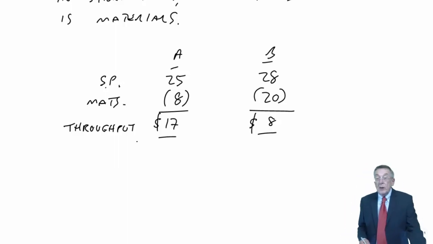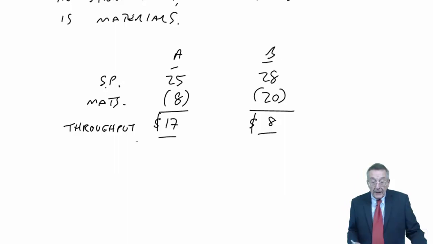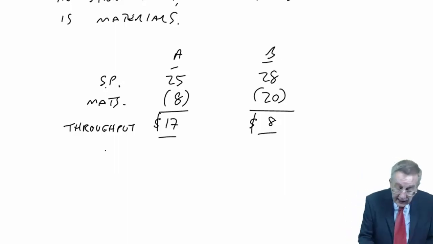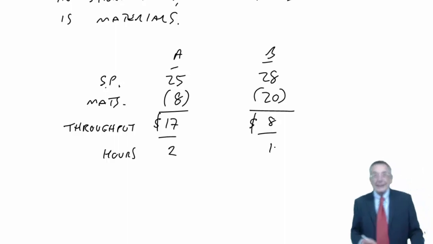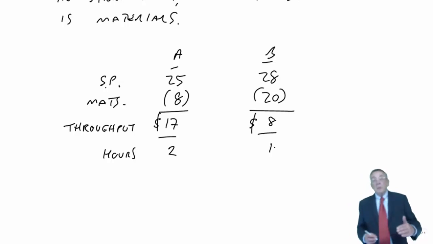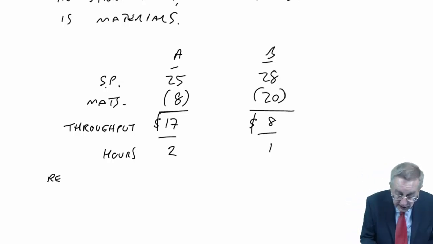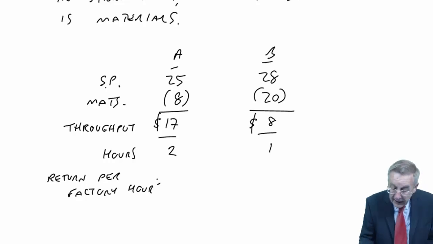However, A takes twice as long to produce, and so we look at the throughput per hour. The hours per unit, A is 2, B is 1. And so the throughput we're generating per hour, or the return per factory hour, for A, 17 for 2 hours.